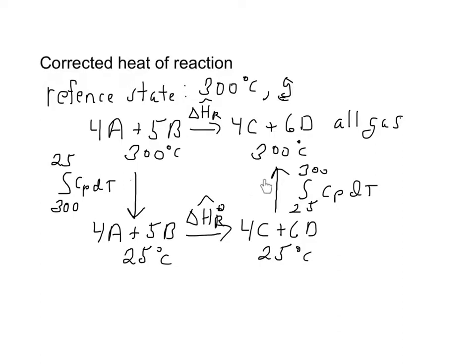So it's not unusual for these two legs to be fairly close to each other, which means that the heat of reaction at one temperature isn't much different than at another temperature. But it might be, and so we need to calculate that. Now I'm going to go to another screen to show you the calculation because it won't fit here on this screen.